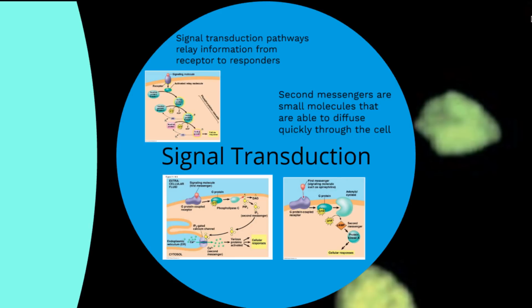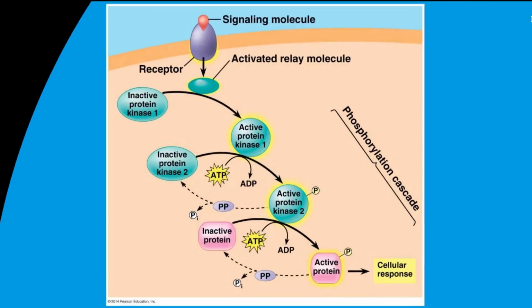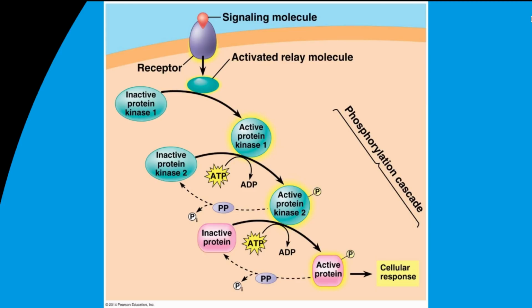Step two is our signal transduction pathway, right? Bringing that message from the receptor where it is initially picked up to where the cell is going to respond. And these signal transduction pathways are multi-step, and they often involve a phosphorylation cascade, where each of these steps along the way is a kinase enzyme.